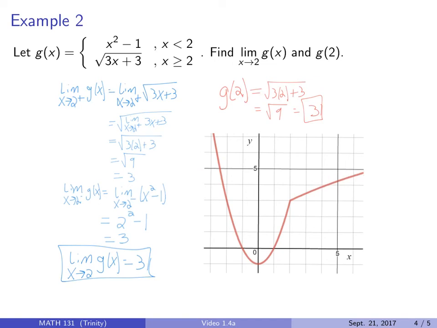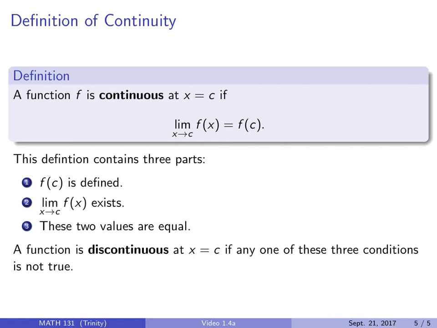So some of you might have heard that idea of continuity before, that if you can draw a graph without picking up your pencil, then the graph is continuous. But the technical definition deals with combining the idea of the limit and the function value being equal at that point, so that your graph is connected rather than disconnected, as we saw in the first example.